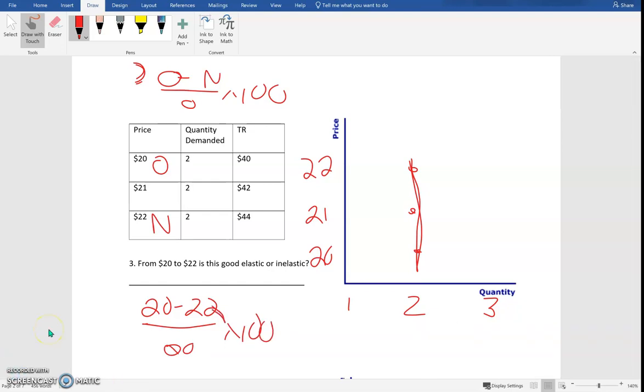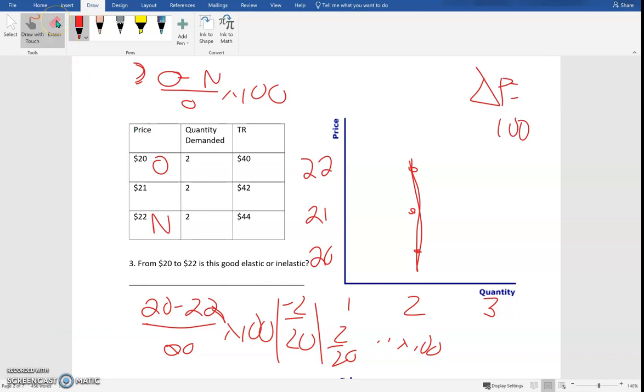That's negative 2 over 20. We deal with absolute values, so 2 over 20 is 0.1 times 100 is 10. So delta P is 10.